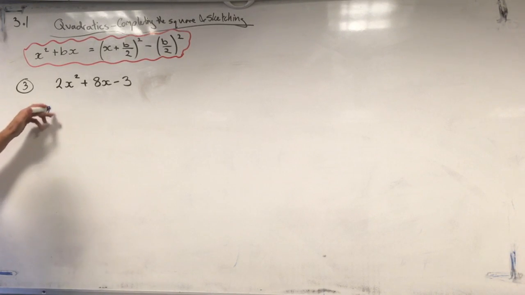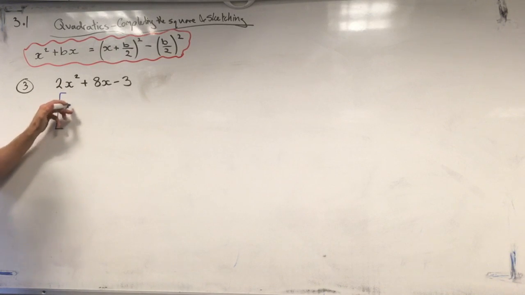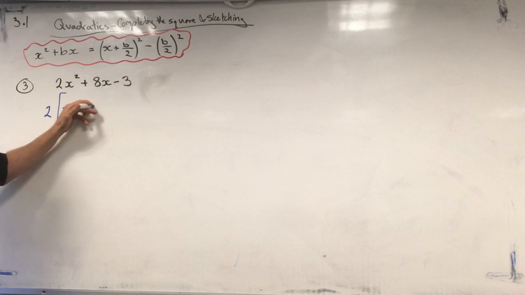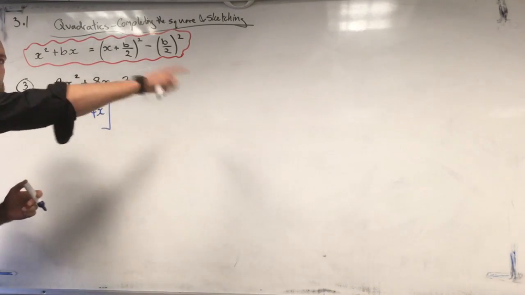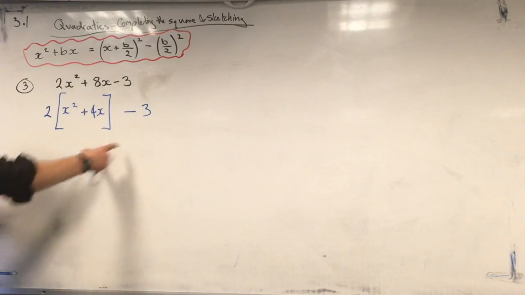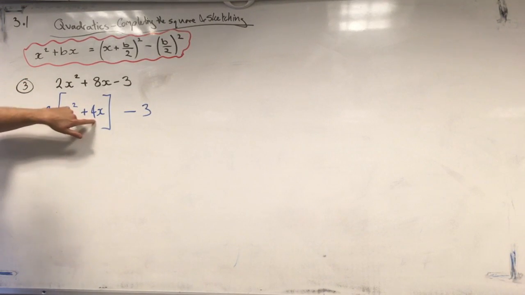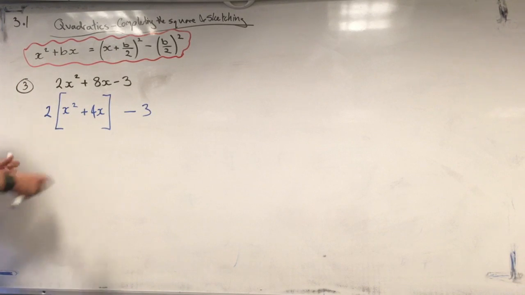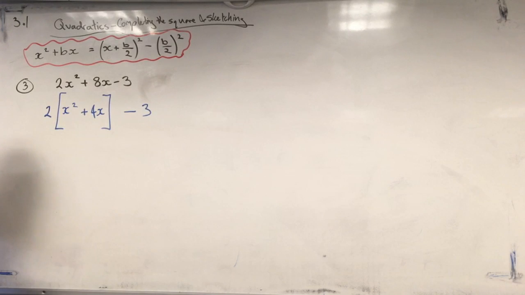So we're going to go 2 square brackets, divide this by 2 and you get x squared, and then we're going to divide the next term as well, so we get plus 4x, and the 3 we can again just leave on its own outside, so 3 over here isn't going to be affected. So now we've got the 2 outside the brackets, this looks like it's in the right form, x squared plus bx. We can complete the square on this and then times everything out by 2 in a minute.